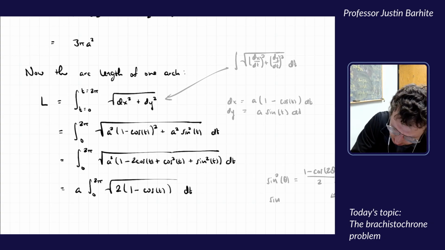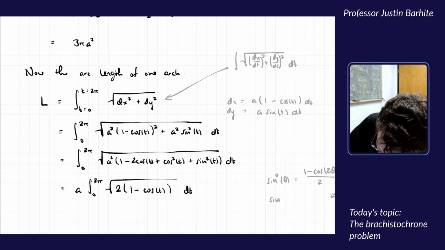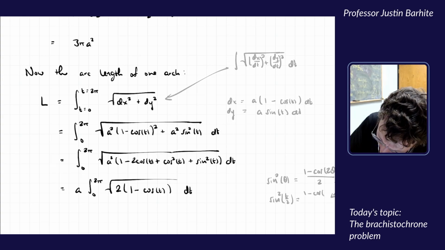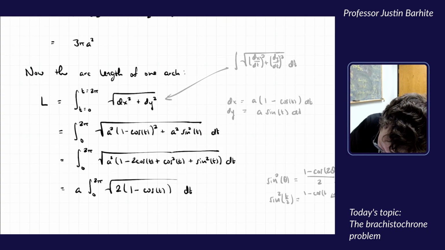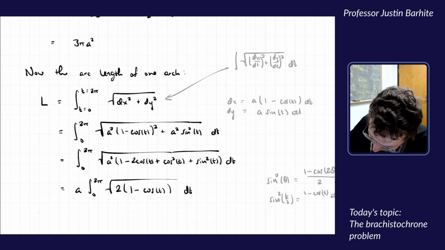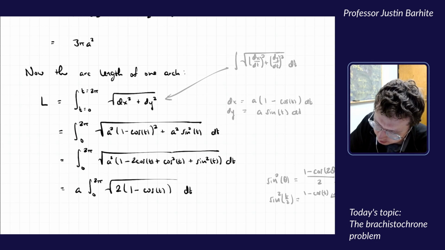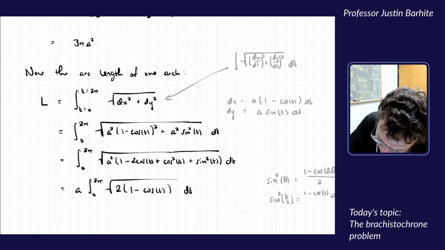Okay, so sine squared of t over 2 is equal to 1 minus cosine of 2 times t over 2, which is cosine of t. Yeah, if theta is t over 2, then 2 theta is t.